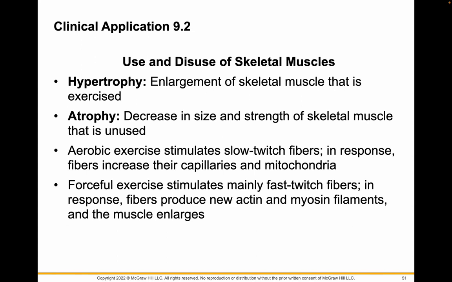So aerobic exercise stimulates the slow twitch fibers. In response, those fibers increase their capillaries and their mitochondria. Forceful exercises stimulate mainly your fast twitch fibers, and they produce new actin and myosin filaments and get enlarged.